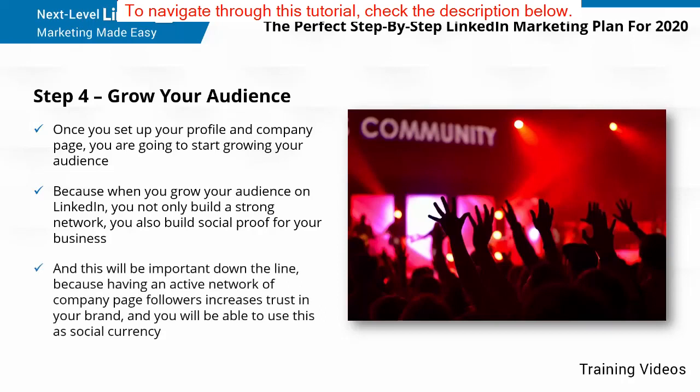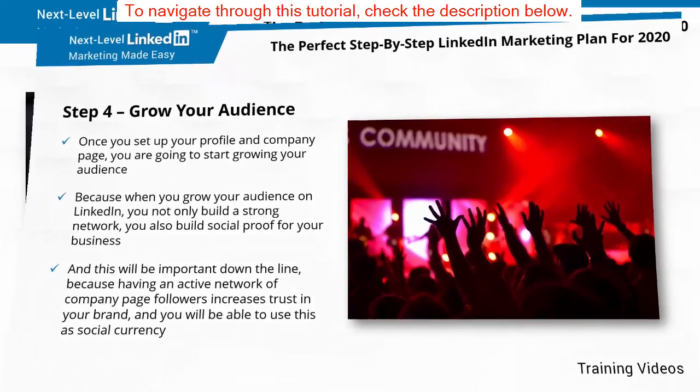And this will be important down the line, because having an active network of company page followers increases trust in your brand, and you will be able to use this as social currency. What this means is that you can use your active network of contacts and followers as proof that your business is worth investing in. This is why growing your audience first is vital to achieving your goals.